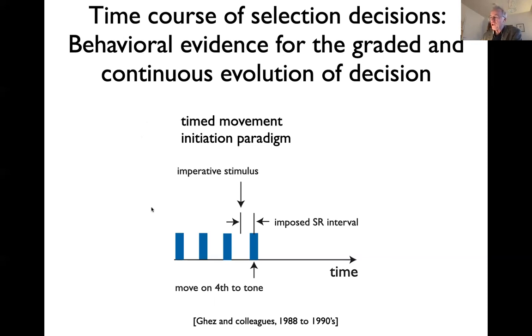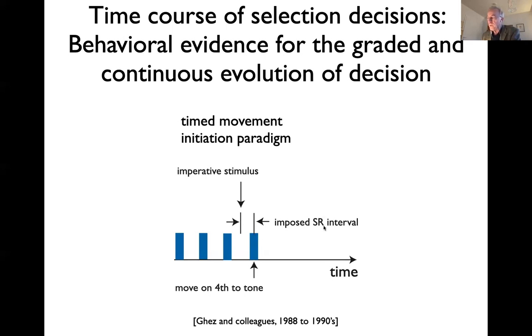It's a paradigm in which you can, in a sense, train participants to make a decision at a defined time. So what you do is you give a metronome, and then they learn to move on the fourth tone, for instance, and which movement to make, you tell them by some stimulus only a time interval before that fourth tone that you then vary.